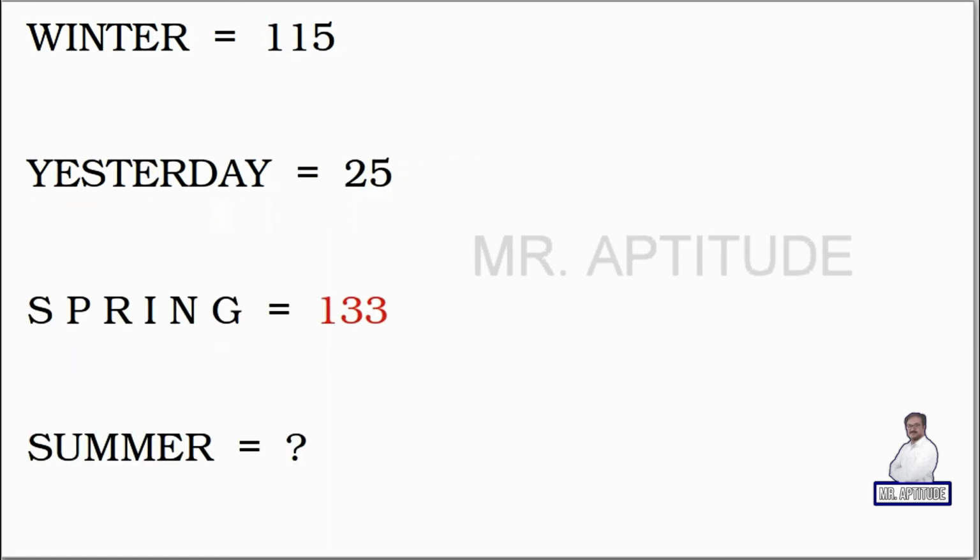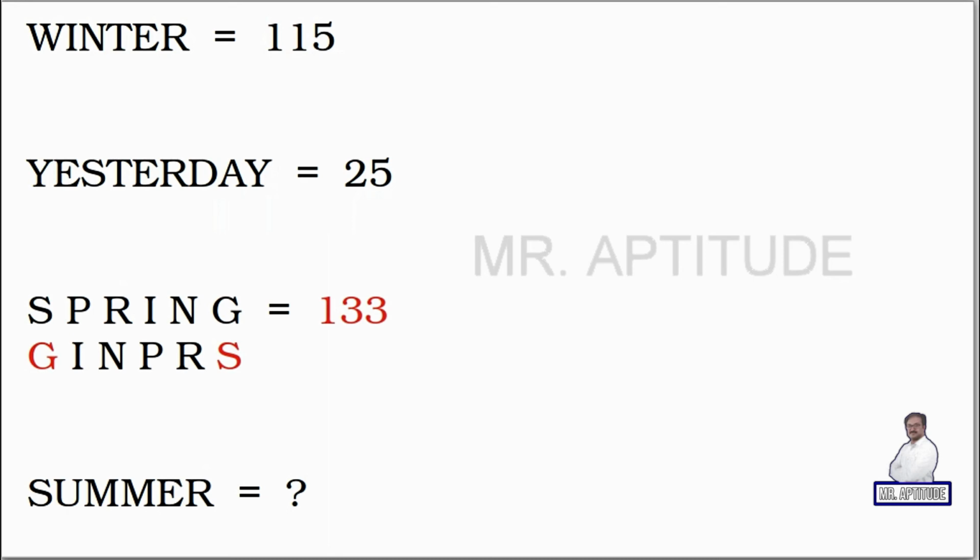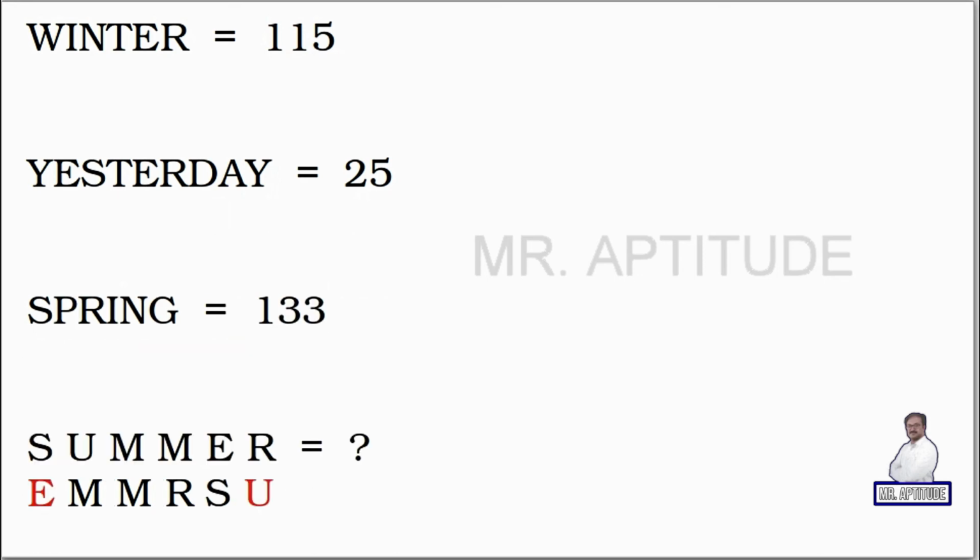Spring. Let us apply the same logic here. When you arrange the letters of the word spring in alphabetical order, G comes first and S comes at the end. 7 19 times 133.